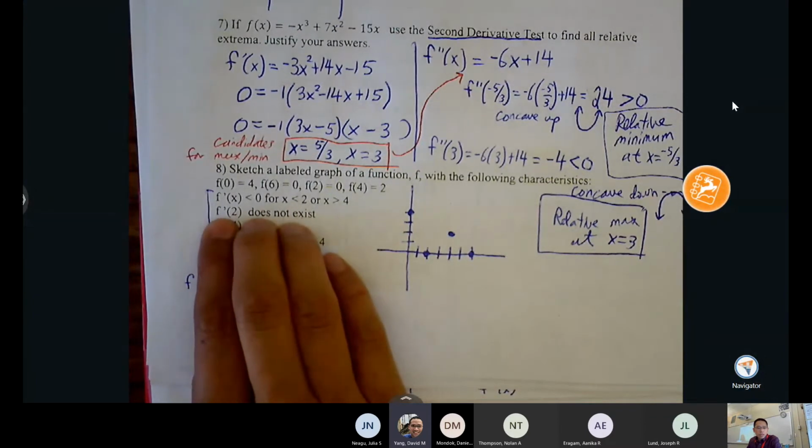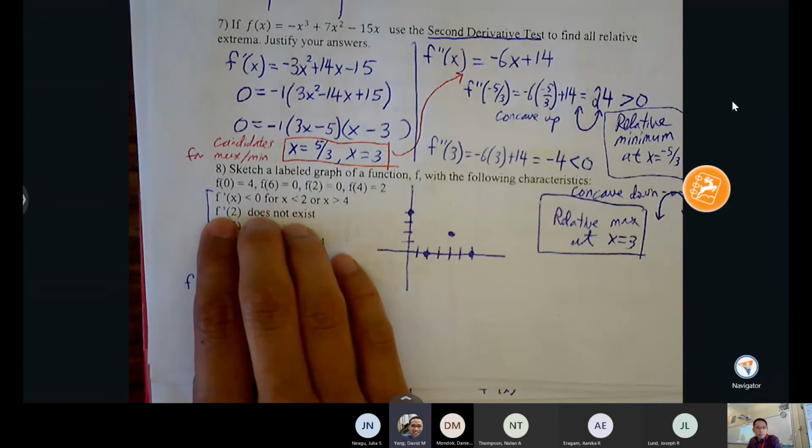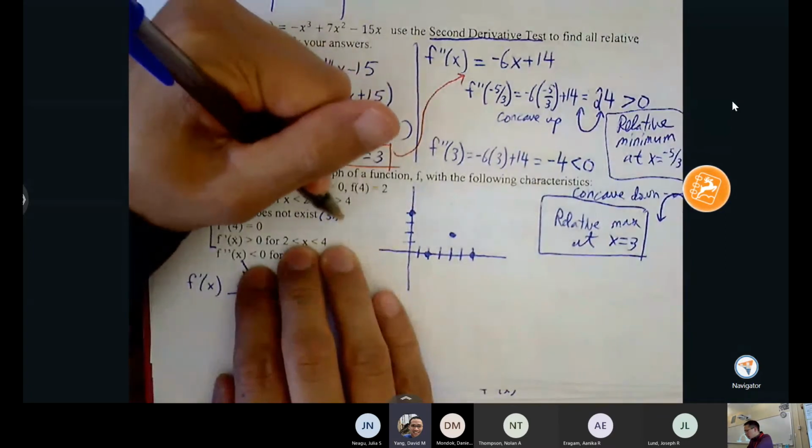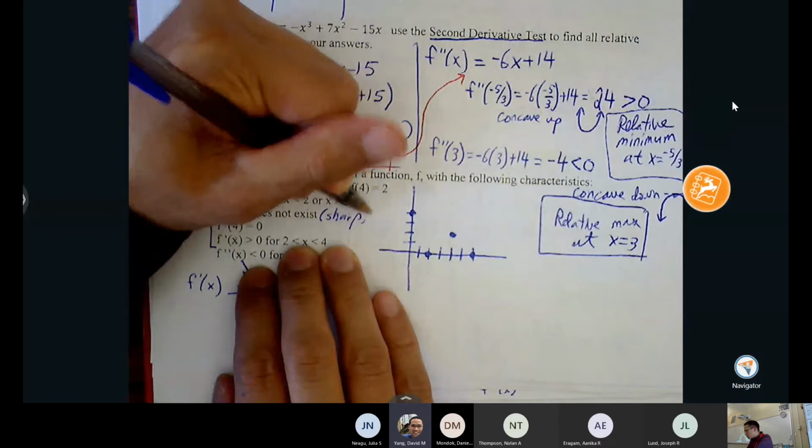Either way, slope doesn't exist. So there's a couple of different ways that we can show a slope not existing. One way is having a sharp turn, but you could also do a vertical asymptote as well.